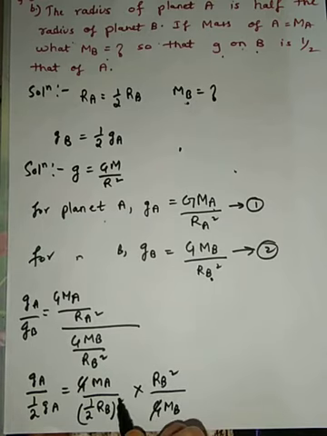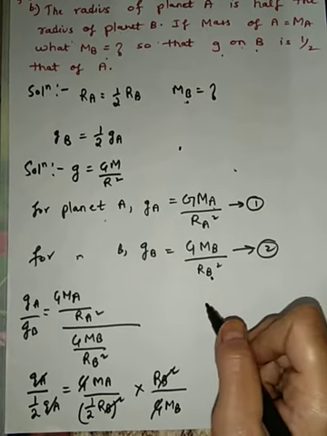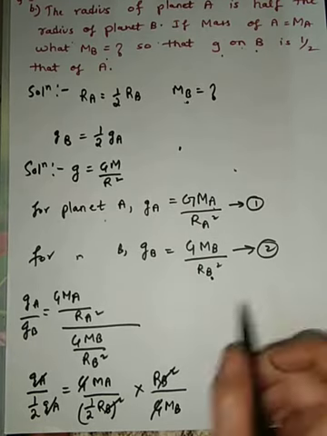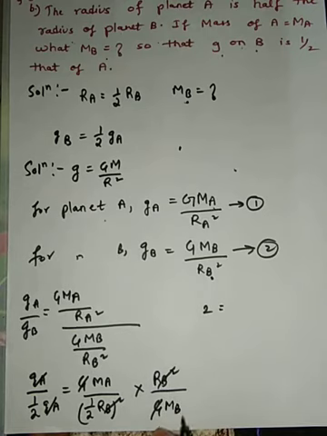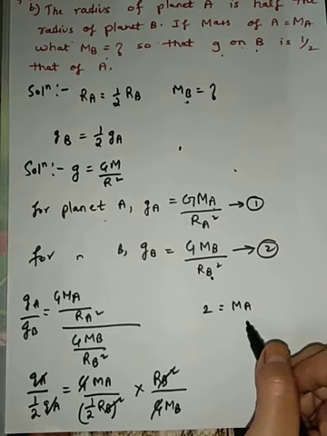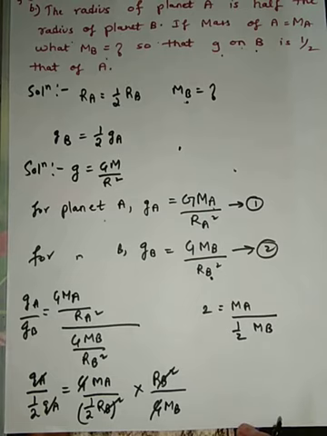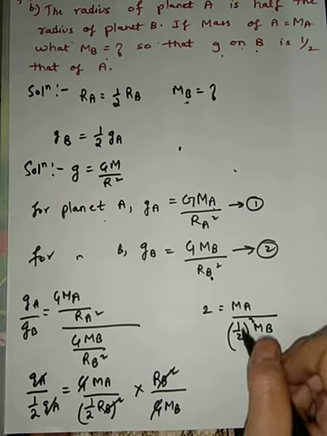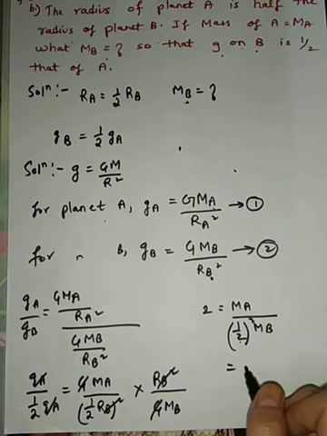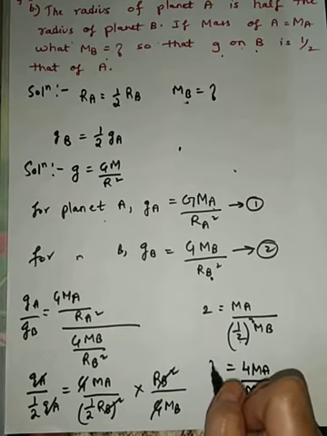G gets cancelled, RB square will get cancelled, gA will get cancelled. What I will get? I will be left with this half. 2 will go up, so it is 2 on left hand side, and on right hand side we are having only MA upon half of MB. This is half square, so this is going to be 1 by 4. If it goes up, it will become 4 MA upon MB on denominator as it is, and this 2.